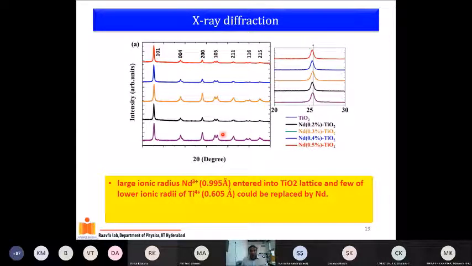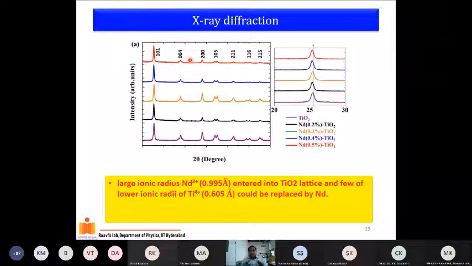So we wanted to look at it, and that's where we looked at how, by making small doping variations from 0.2 to 0.5, the XRD reflections change. Indeed we find that as you increase the dopant concentration, the overall X-ray diffraction structure doesn't change.